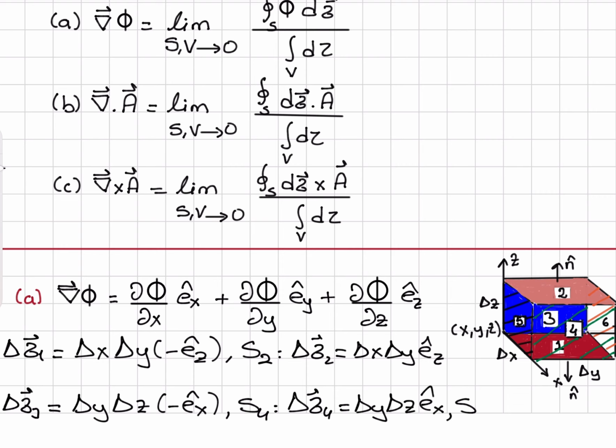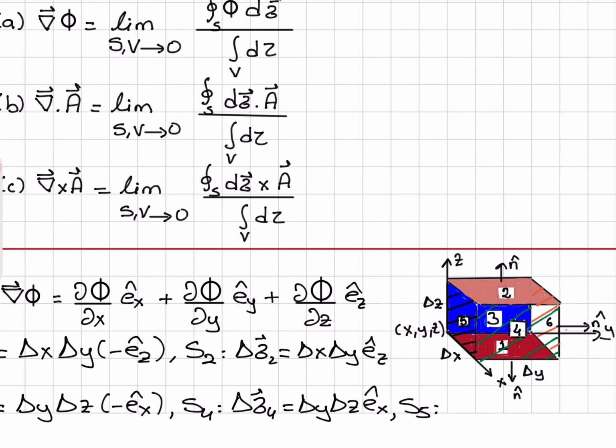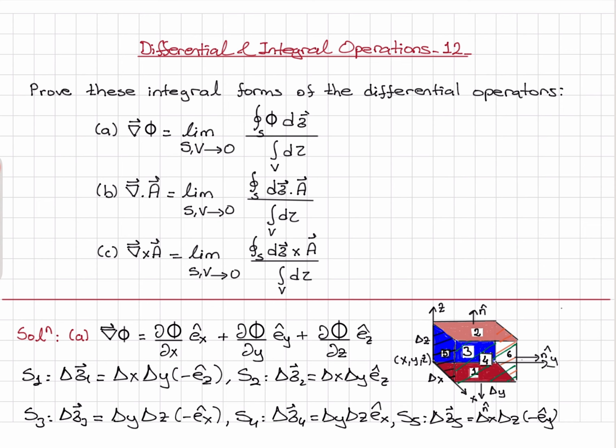For surface 5, that's the left surface here. It is delta x, delta z in the minus e_y hat direction. Delta sigma 5 is delta x, delta z in the minus e_y hat direction. And for 6, it will be delta x, delta z in the plus e_y hat direction.